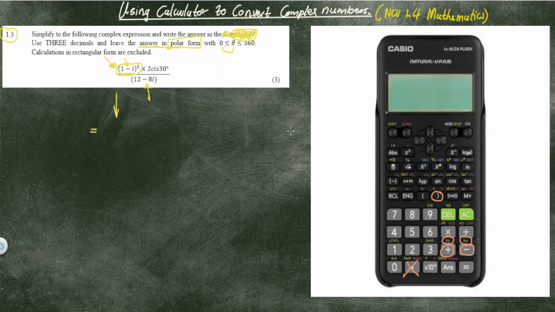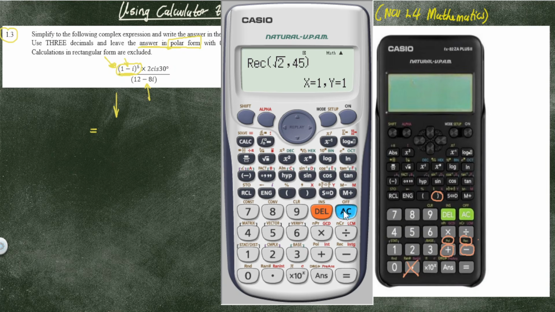Going back to our calculator, I now want to convert this complex number to polar form. I'm going to say shift polar. What is A? That's 1. Shift. What is B? That's -1. Close bracket.